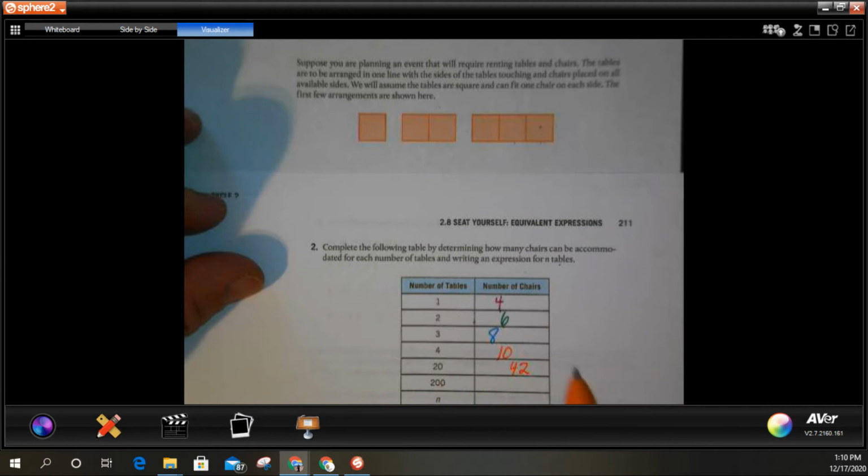So I have n tables, multiply it by 2, and then add 2. So that's just one way. There could be other ways of doing this. That's the one I happen to notice.